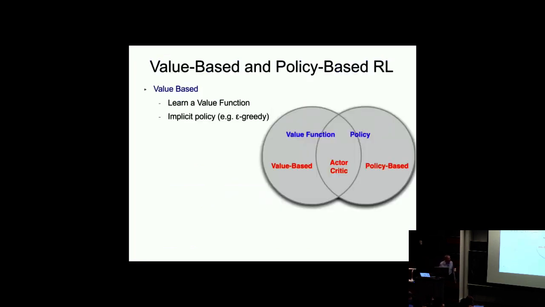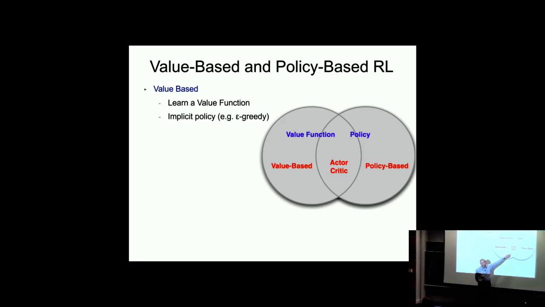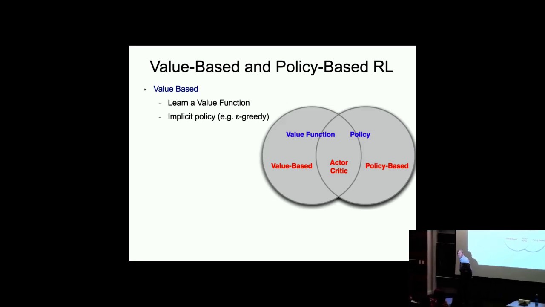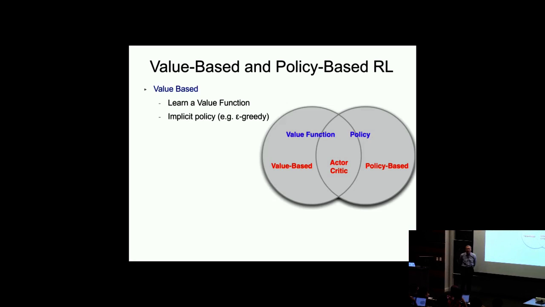So just to take a quick look at the big picture, we've talked about learning value functions. Now we're talking about instead learning policies directly. In fact, there's a class of algorithms called actor-critic, which we've mentioned briefly already, where the agent learns both a value function and a policy function, and uses that value function to bootstrap the learning of the policy function.